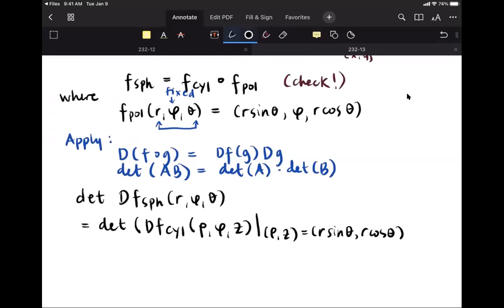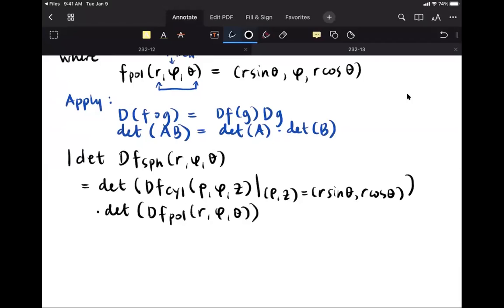Take note, this is nothing but the polar coordinates where phi is fixed, times the determinant of the Jacobian for the polar, so we have here r, phi, theta.